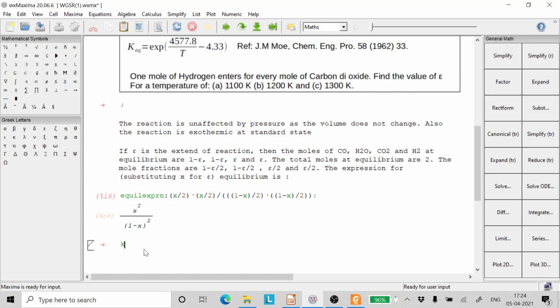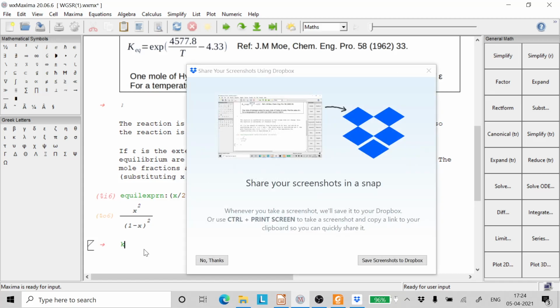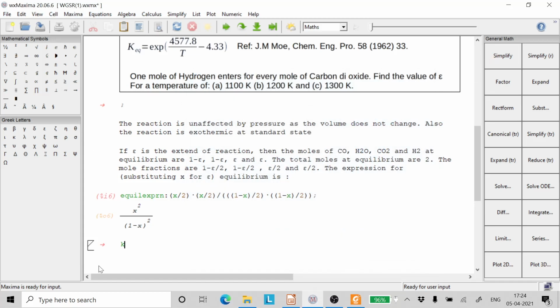Now the value of K, the equilibrium constant, can be written as, if you have to write it in Maxima, K is a function of temperature, and this is equal to the exponential of 4577.28 over the temperature minus 4.33.